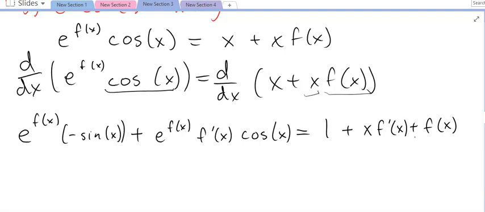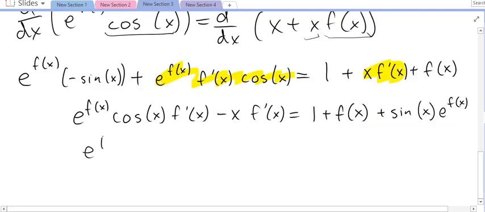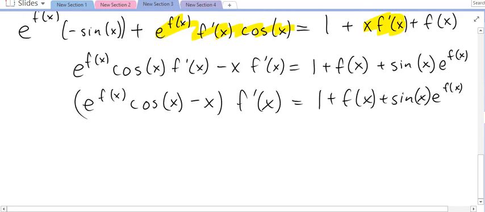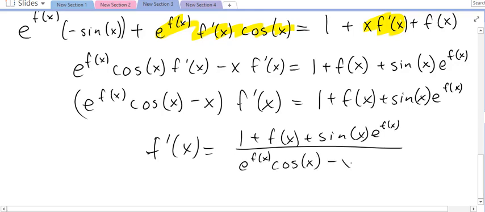And from here, again, we want to get all of the terms with f prime of x on one side of the equation. So we need to get these two on one side and move everything else to the other. And then we can factor out to get the f prime out of there, and divide by that, and we will get f prime of x equals 1 plus f of x plus sine of x e to the f of x over e to the f of x cosine of x minus x.